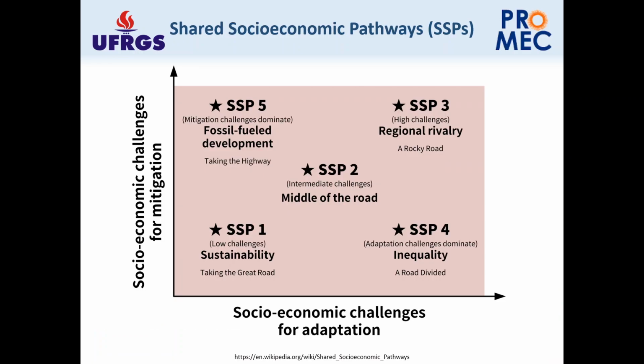So another important way of looking at how humans will develop in the future, the research community, the UN, IIASA, and these institutions, they created the shared socioeconomic pathways, which are also called SSPs.